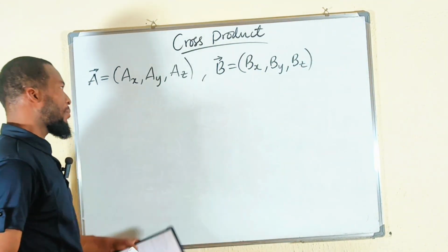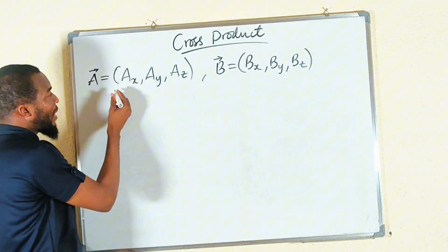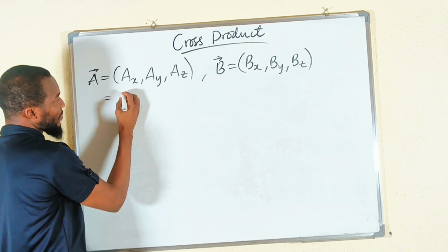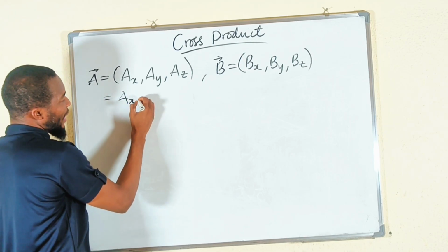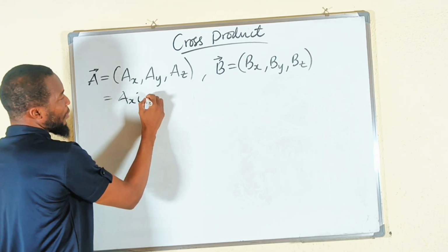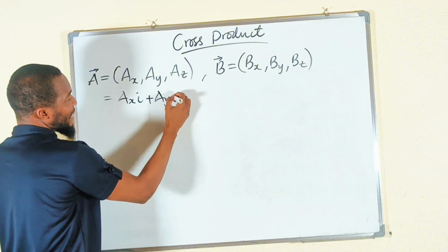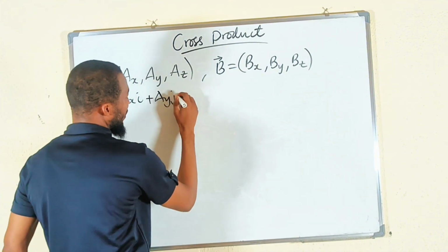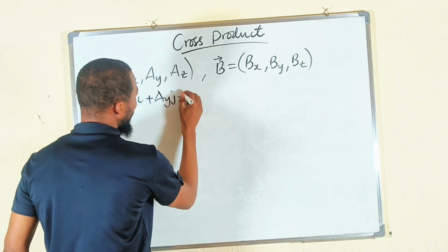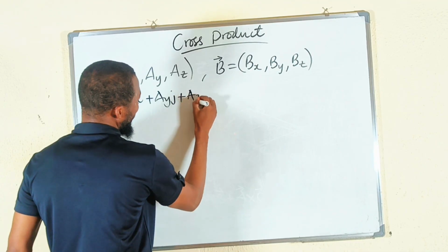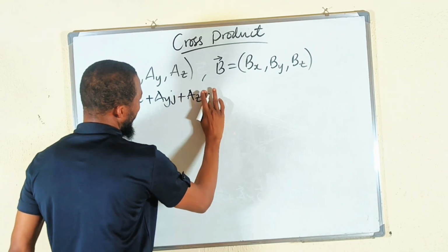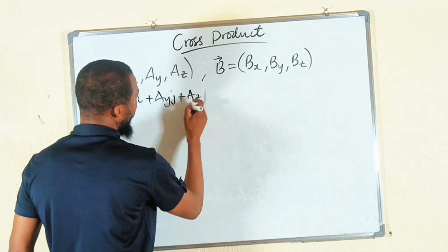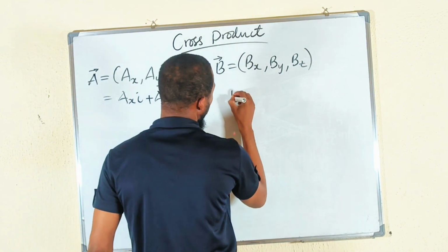So how do we cross them? Remember, you can rewrite this one as what? A sub x i plus A sub y j plus A sub z k, you know that? The ijk components. The same thing here.